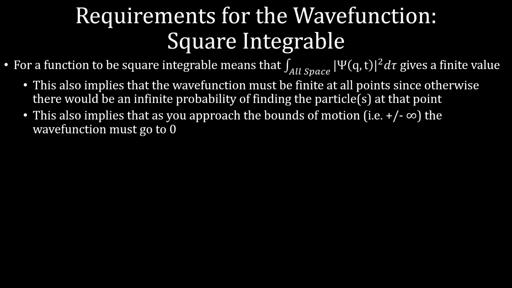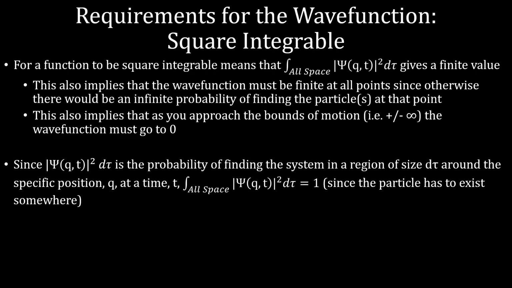Because if it levels off to a non-zero value, when we integrate, we're going to get infinity, which we said was not okay. So again, since the norm square of the wave function is the probability of finding a system in a region of size d tau around the specific position q at a time t, the integral across all space of the norm square of the wave function must be 1, since the particle has to exist somewhere.